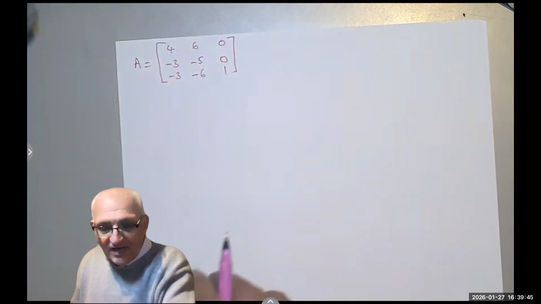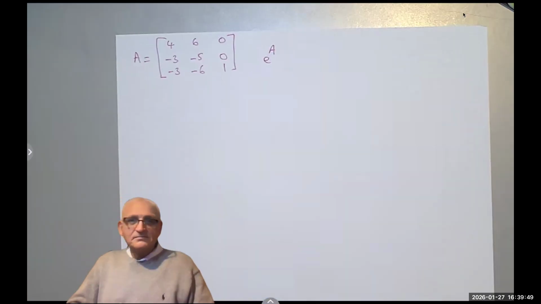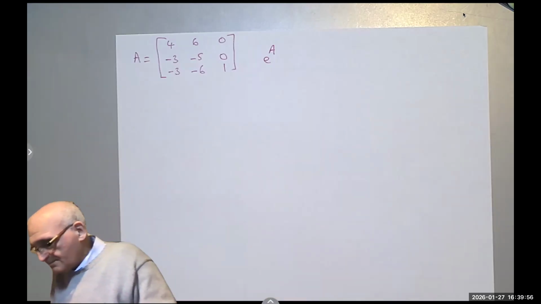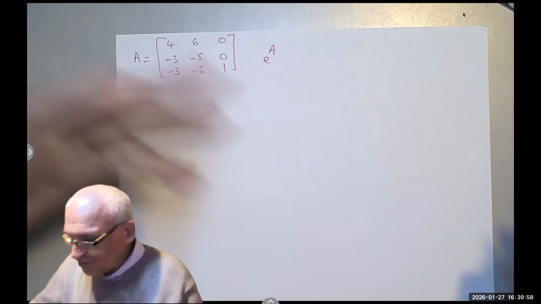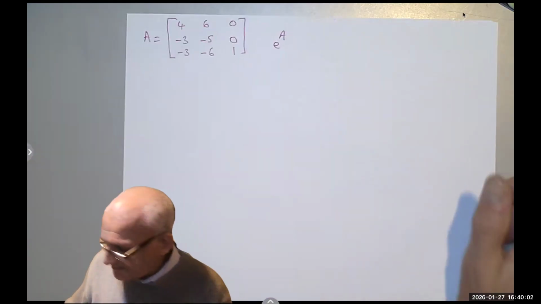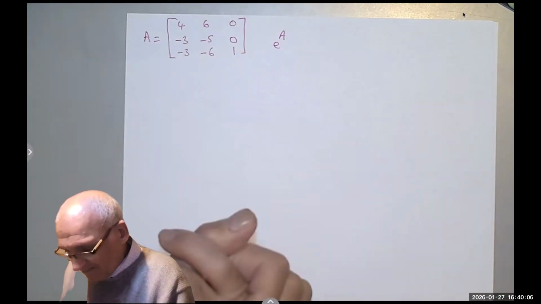And I want to find the matrix e to the A. So I want to exponentiate that. We are going to do the same thing. We need to find the eigenvalues and the eigenvectors and proceed as usual.